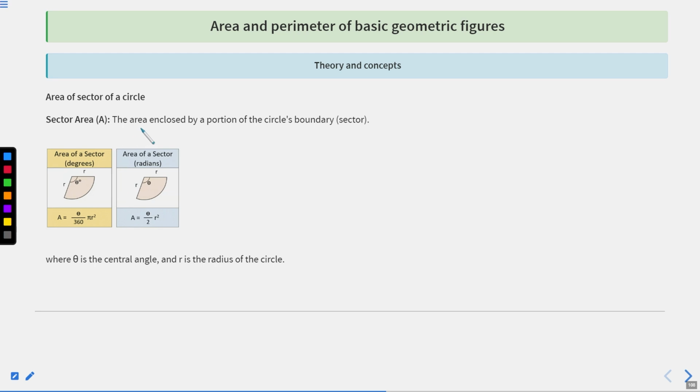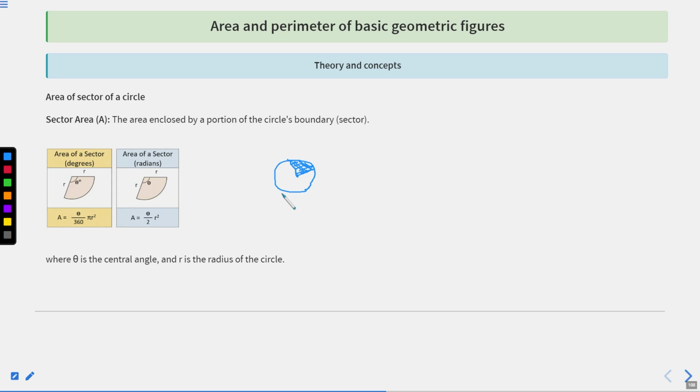Area of sector. Area of sector is nothing but, again, suppose you have a pizza, and whenever you order a pizza from a restaurant, it's already divided into sectors, and this is what we call the sector. We are interested in finding the area of that particular sector. It is actually the portion of pizza you ate in one slice.